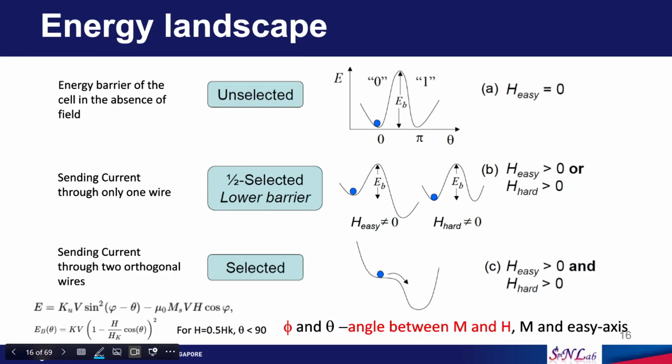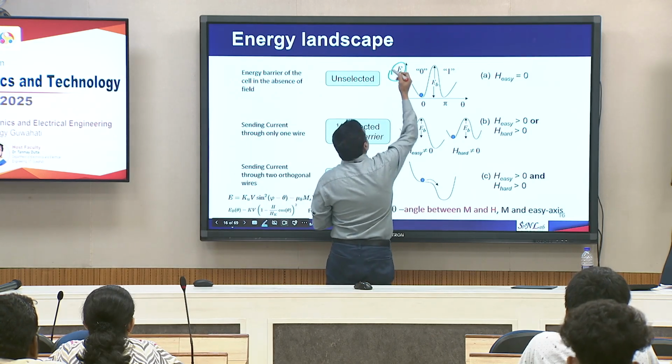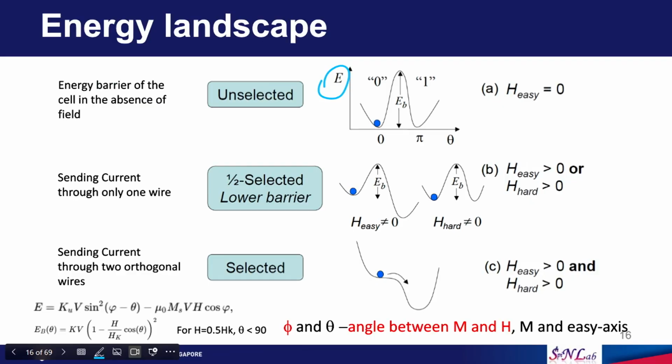So, we will come back to the energy landscape again. When we talk about the energy landscape, we are plotting energy as a function of the magnetization angle. For example, 0 means magnetization is pointing in one direction, pi or 180 means magnetization has switched by an angle of 180 degrees.